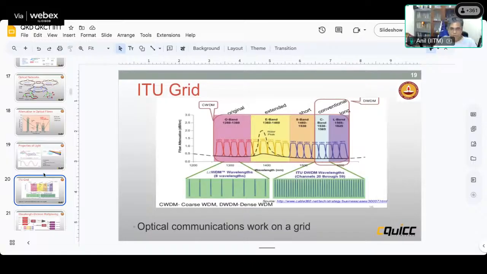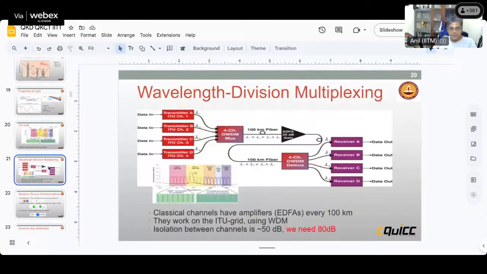Classical communication is limited to 100 kilometers, and after 100 kilometers, I put what is known as an erbium doped fiber amplifier. This amplifier then amplifies the signal and it goes to the other end. So I can send information on different wavelengths in this ITU grid, amplify it every 100 kilometers, and receive it.